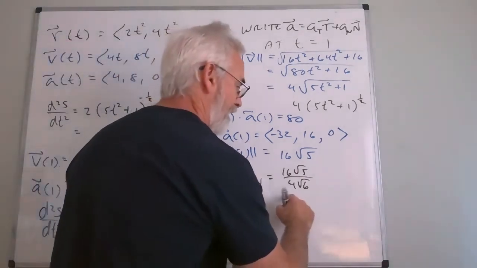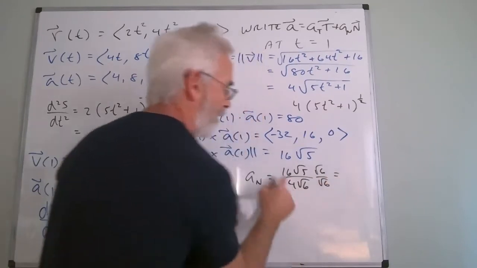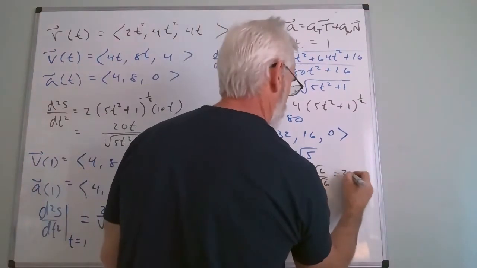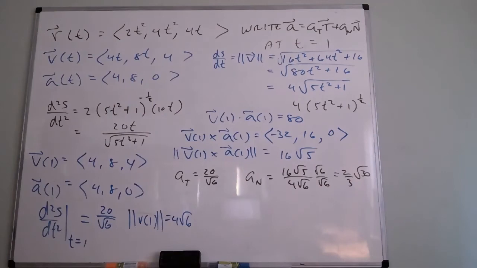So at this point I would probably do something like that. Now that's going to be 4 on top, 6 on bottom. So that looks like it's going to be 2/3 root 30. Okay, I'm not sure I can do any better than that. We are now finished.